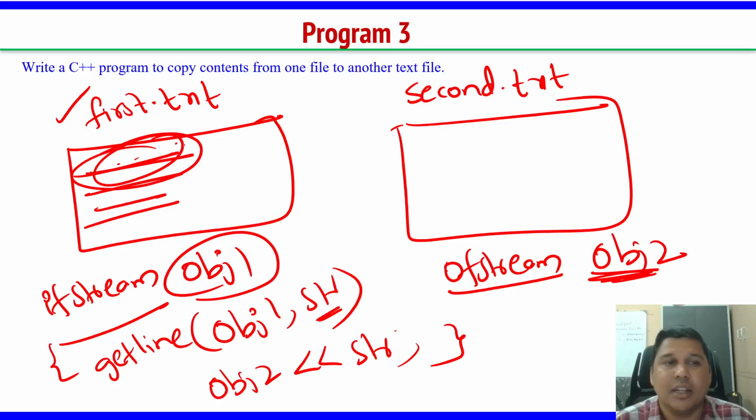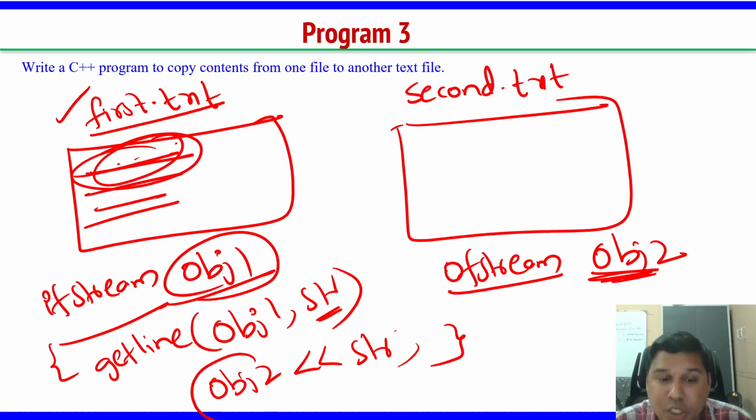I'll repeat once again. You have a file first.txt, which contains some text already. Create a read permission object. Using that with getLine, you read line by line, and once you read each line, use object2 to write into the file. Why?